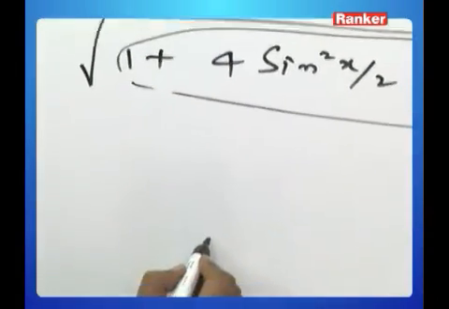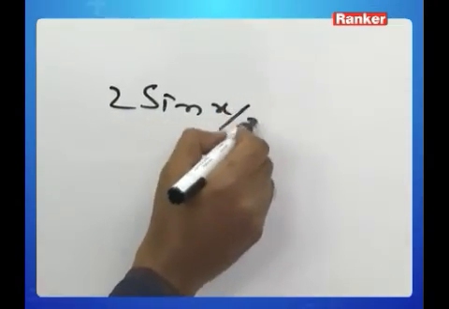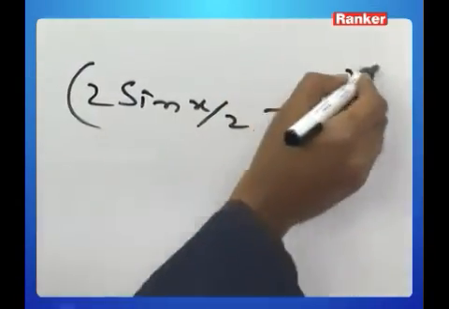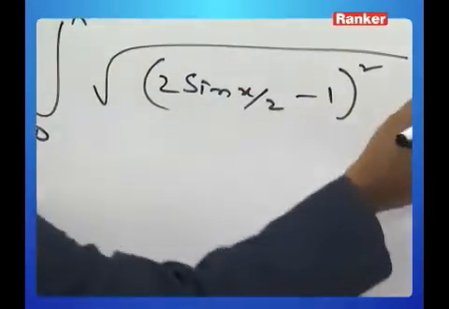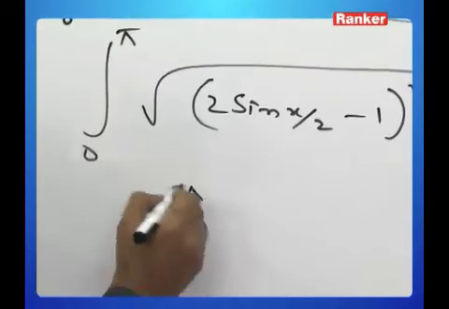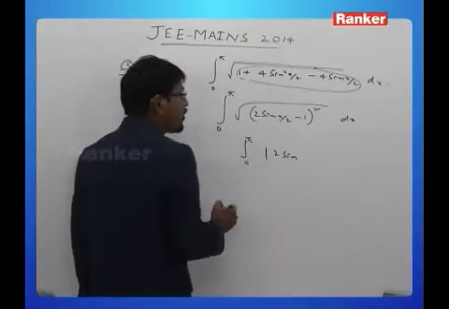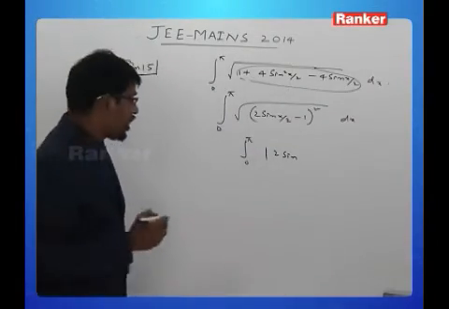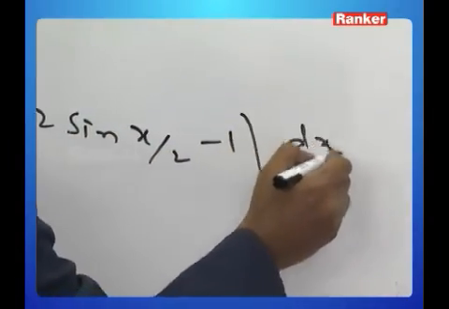This is in the form of 2 sine x by 2 minus 1 the whole square. So that makes it 0 to pi modulus of 2 sine x by 2 minus 1. What is under root of x square? Mod x. So that gives me mod of 2 sine x by 2 minus 1 dx.